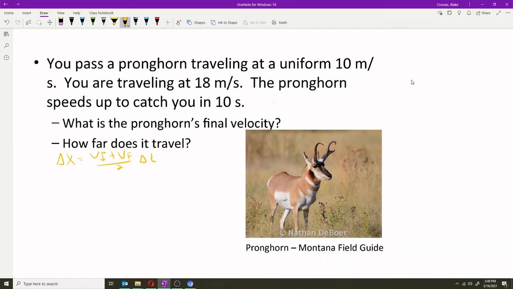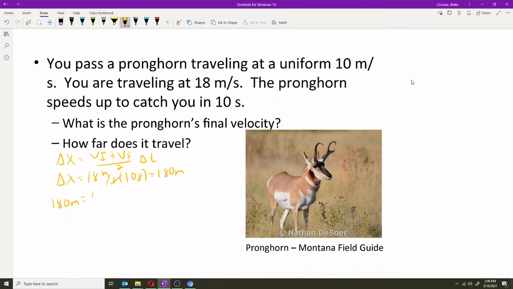We can figure out how far it travels and then come back to the final velocity, because you, being the driver in this case, and the pronghorn go the same distance. So delta x is equal to 18 meters a second times 10 seconds, seconds cancel, which gives you 180 meters. And we know that the pronghorn is going to travel that, so I'm going to plug that back in.